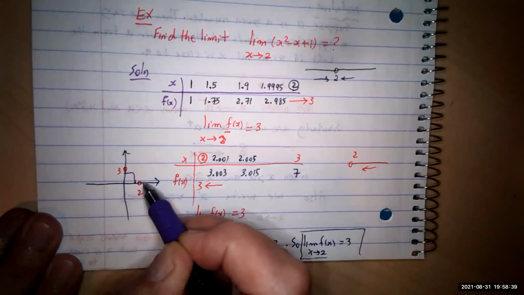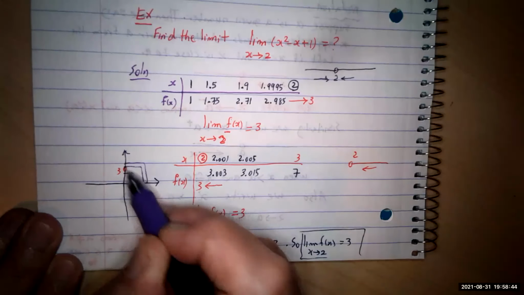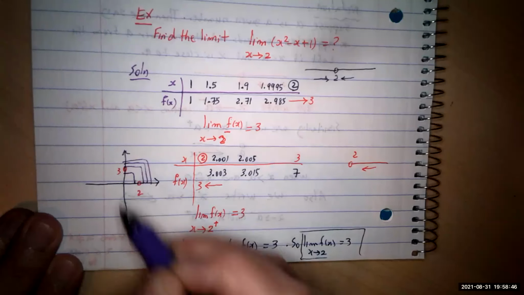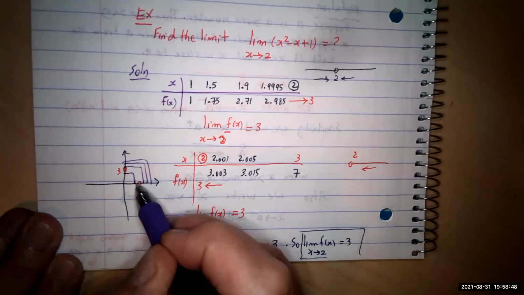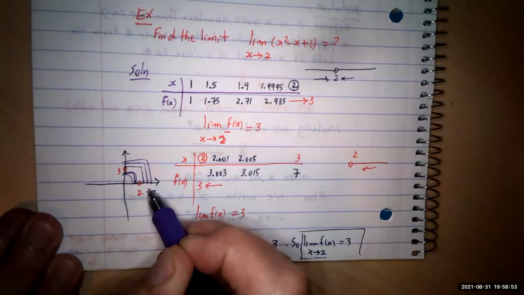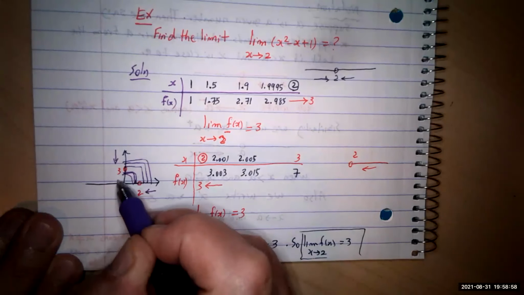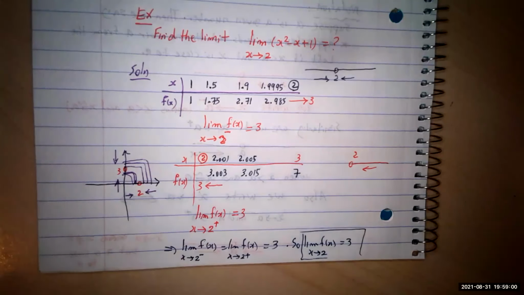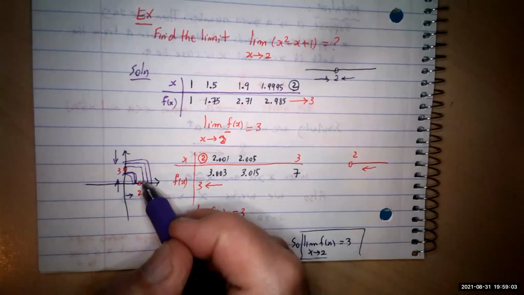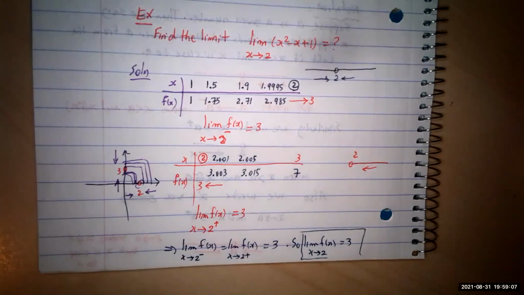We pick a number here that gives you a number around the 3. As you go far from the 2, these are going to be the numbers. But if you're getting closer and closer, you see these are going to be your numbers. So you go to the right and the left of the 2 here. Over here, you go up and down of the 3. You see? So as x gets closer and closer to 2, the value of the function gets closer and closer to 3. That's why you register 3 as the limit of your function.